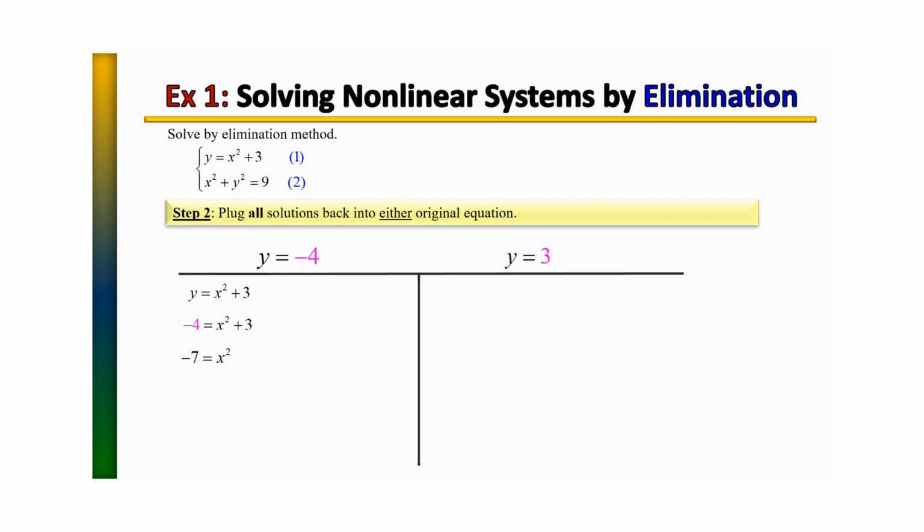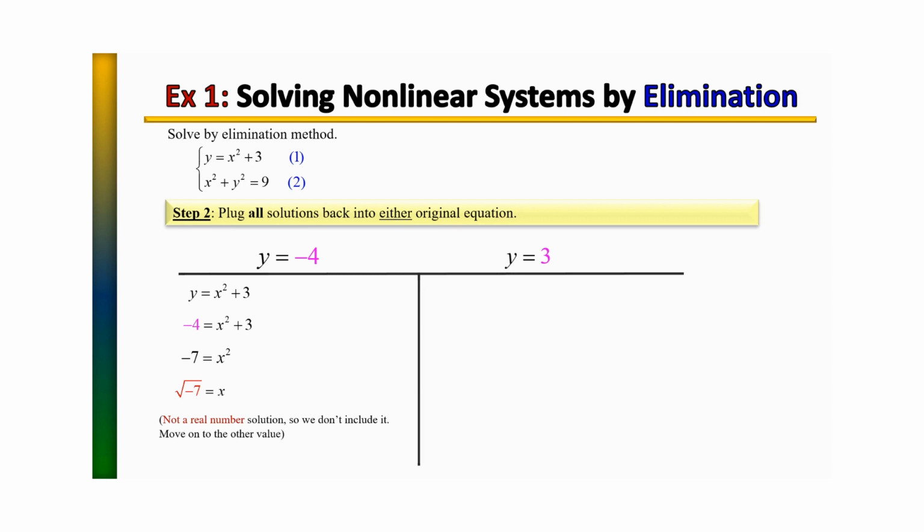Take the square root of each side, and x equals the square root of -7. Recall that if you have a negative underneath the radical, that is not a real number solution. That is what we call a complex solution. So in this case, we do not include it in our solution because it's not a real number solution.